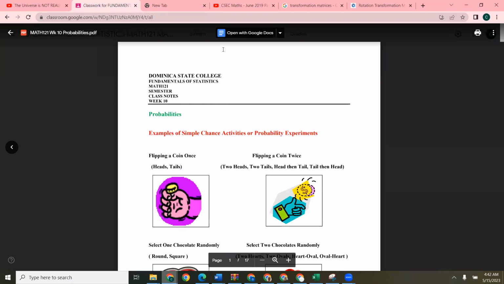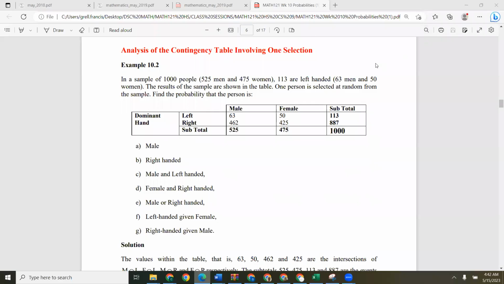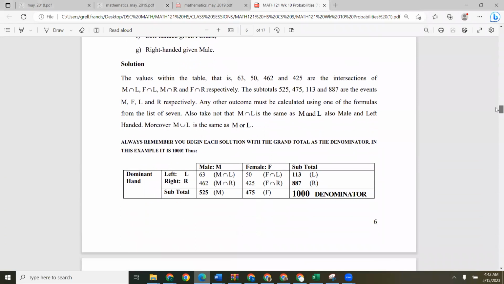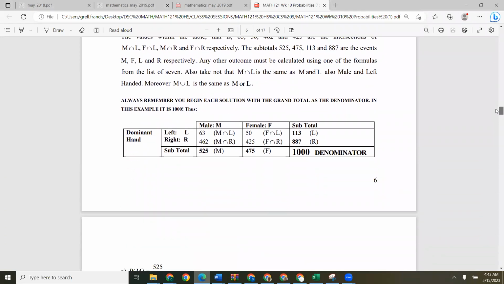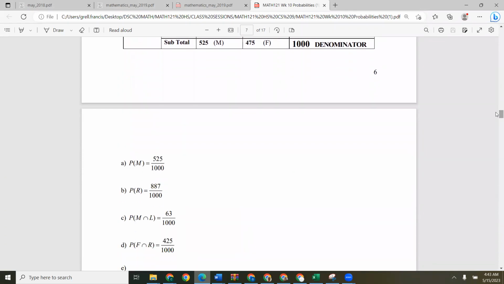Here it is, probabilities. Here we locate the subtopic, analysis of the contingency table involving one selection. So it's the use of the contingency table for probability analysis. So let's apply this now to our example.